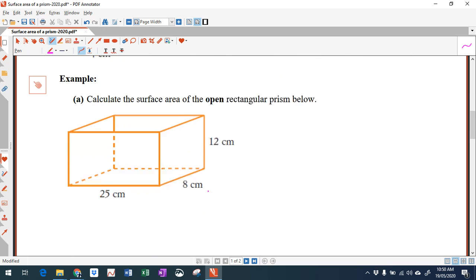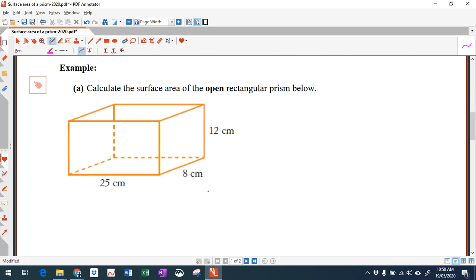Now the second one, it says calculate the surface area of an open rectangular prism. Open means that the top is missing. So let's start off with the bottom. The bottom is just 25 times 8, which is 200 square centimetres.